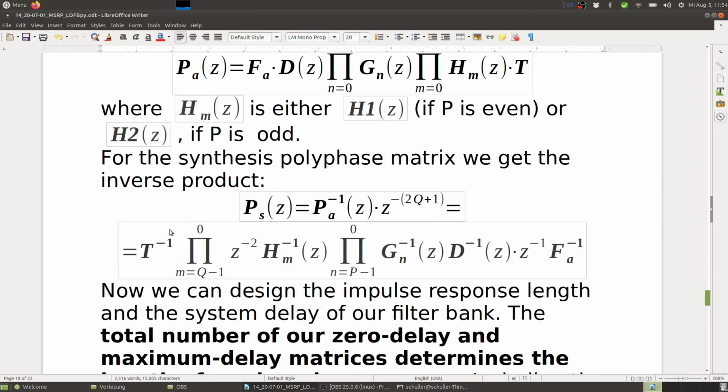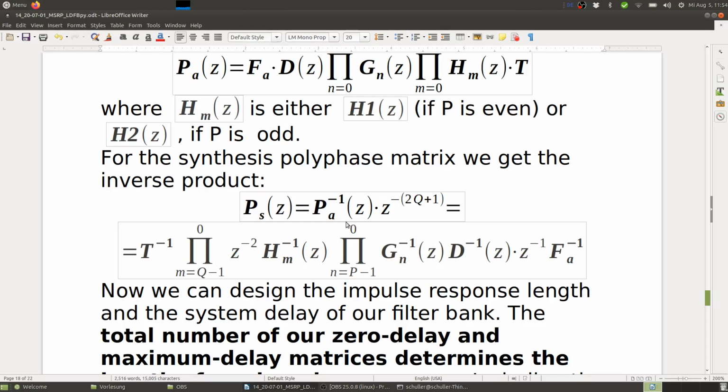So altogether we have the inverse DCT4 transform matrix first. So we basically go from the end to the beginning and invert every matrix. Then we have to invert our maximum delay matrix. So each maximum delay matrix has a corresponding Z to the minus 2 associated with it. And here also we start from the end and go to the beginning of this product here, reverse order.